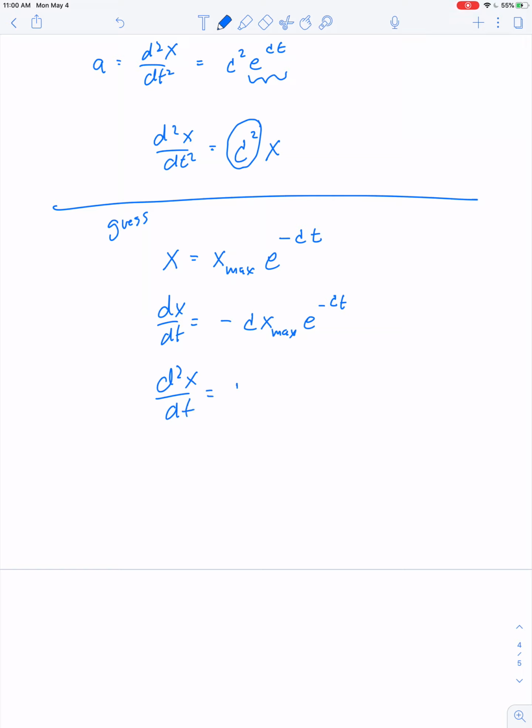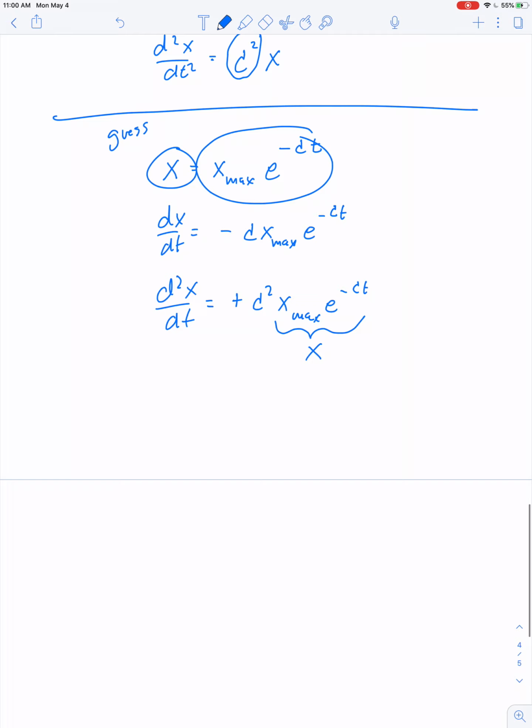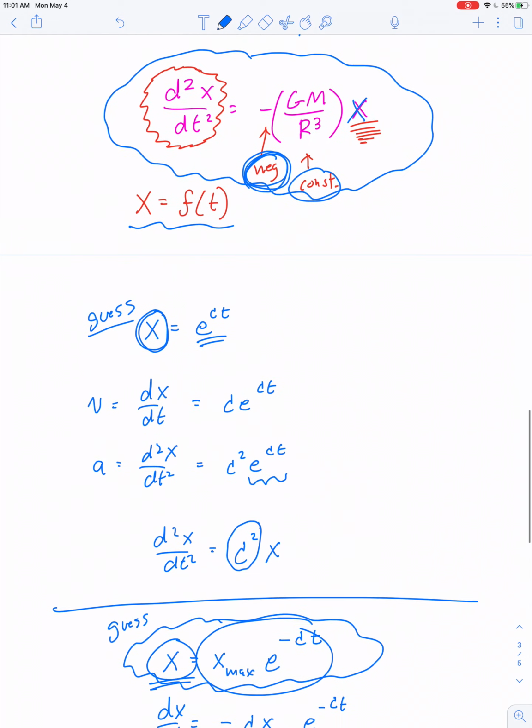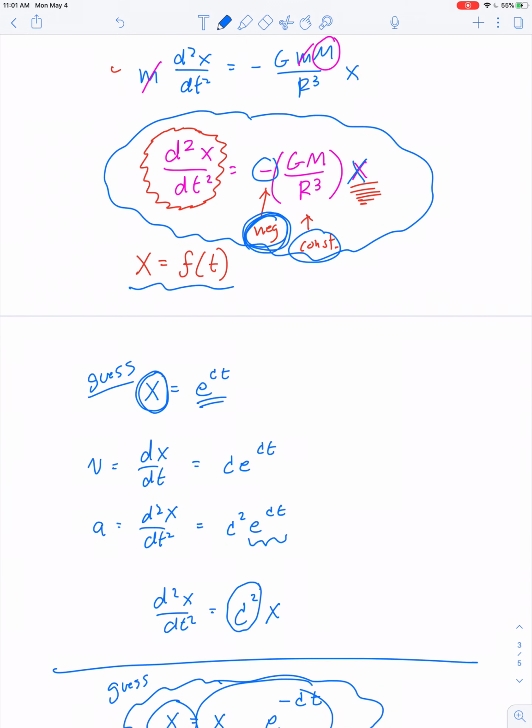This would give us positive c squared x max e to the negative ct. Now, x max times e to the negative ct is just x itself. So once again, we almost got what we were looking for. We guessed at an expression that describes position as a function of time. We took the second derivative of it, and the end result was a positive constant multiplied by the very function we were taking the derivative of in the first place, and so we still didn't get the negative sign we were hoping for.